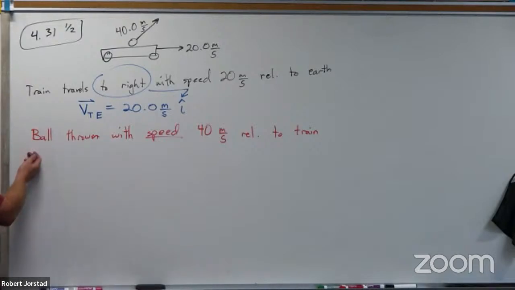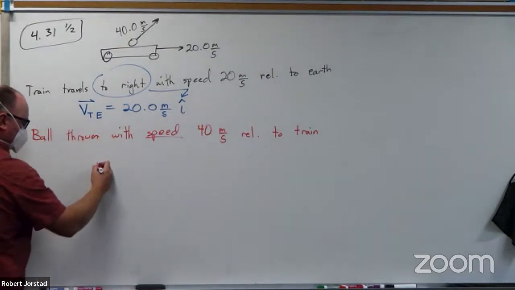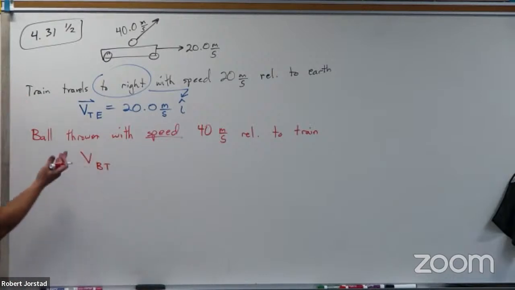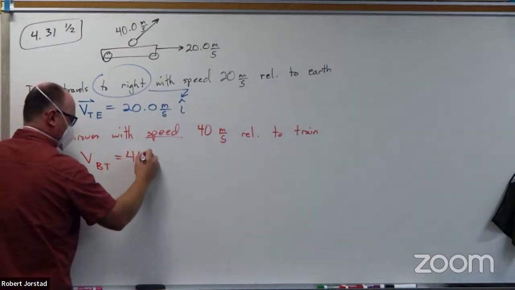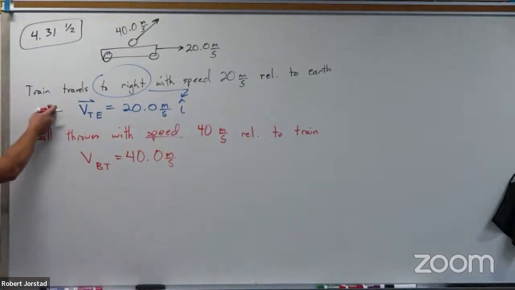We're talking about the ball and the train. What subscripts am I going to use? VBT. Is it a vector or is it a scalar? Scalar. There's a big difference between, say, velocity, which has a direction, and speed. What's the next part say?